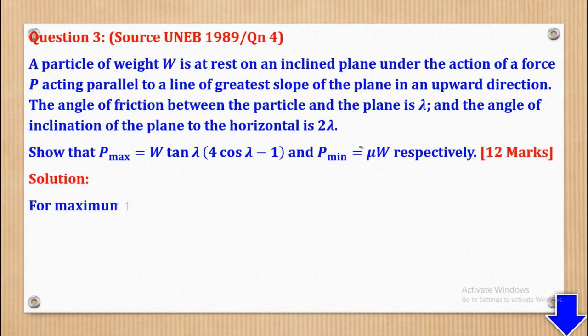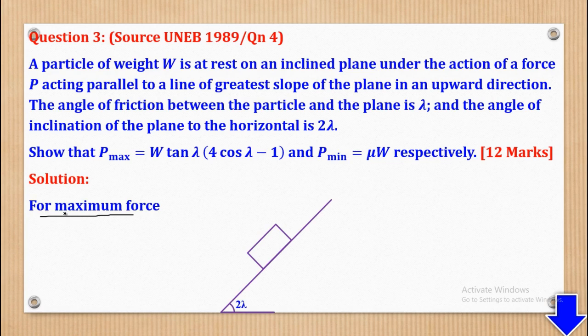Now the first thing to do will be to draw a force diagram. So for maximum force, there are these two words, minimum force and maximum force. Maximum force means it's at the point of moving upwards, while minimum force means it's at the point of moving downwards. So note those two words.